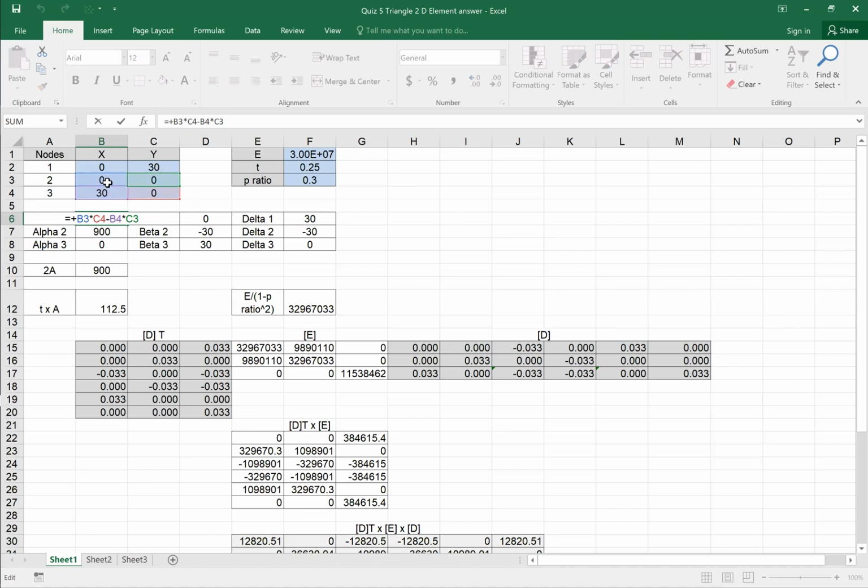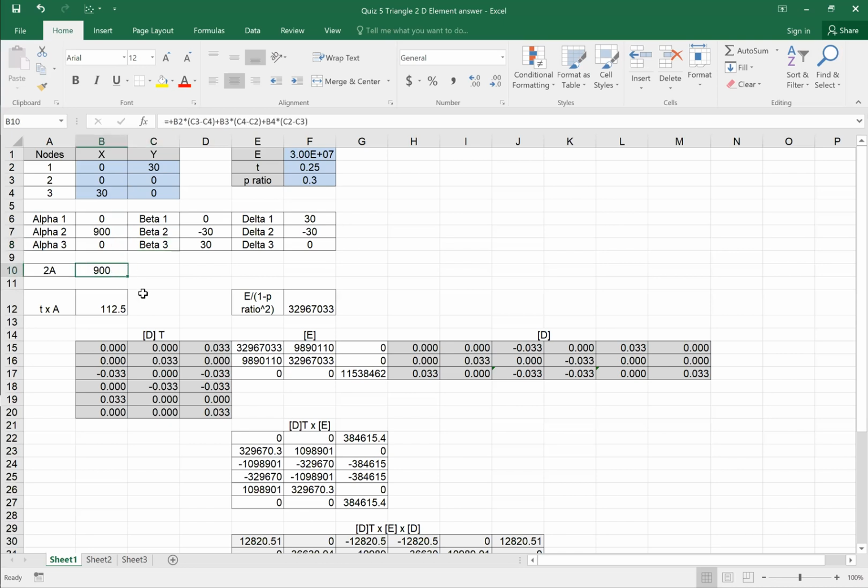In your case it will be something else, but in my case it's B3 times C4, so it's x2 times y3. And then b4, which is x3 times c3. See how confusing it is? That's why having an Excel spreadsheet will help you.